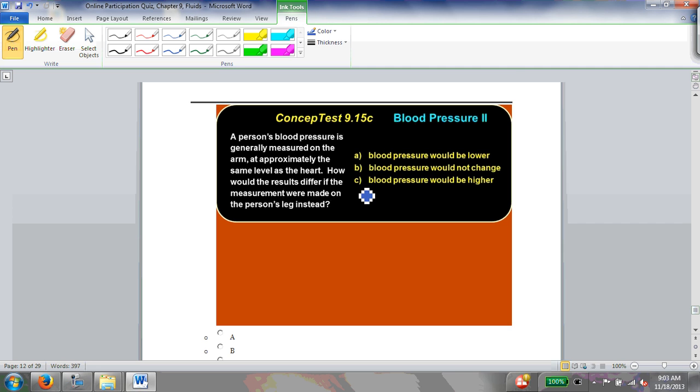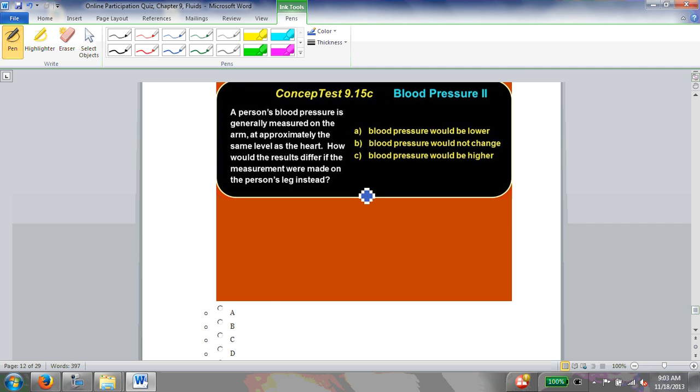A person's blood pressure is generally measured on the arm. What happens if you measure it on the leg? This is a very strange person.